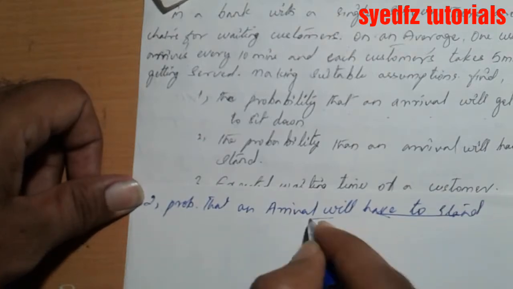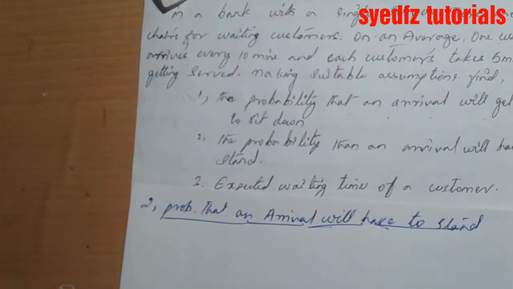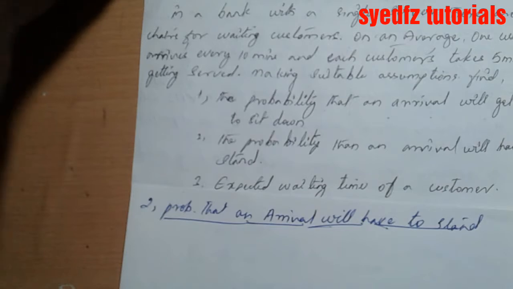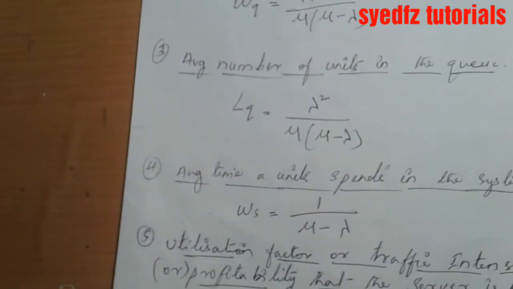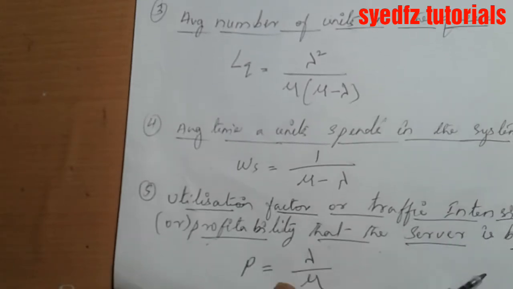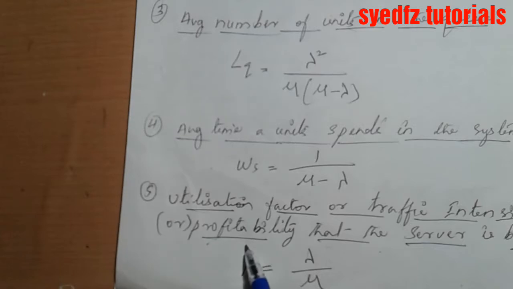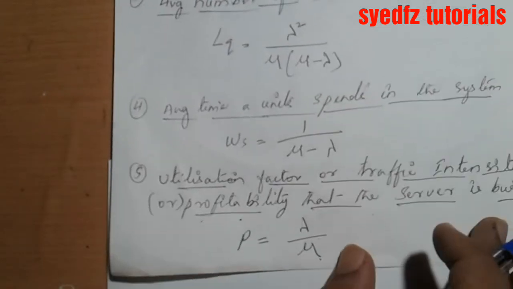Will have to stand means busy. Okay, then what is the formula when we are calculating the probability? Will have to stand means the same as when the server is busy. Will have to stand means definitely the server is busy, so the probability that the server is busy is P is equal to mean divided by mu.